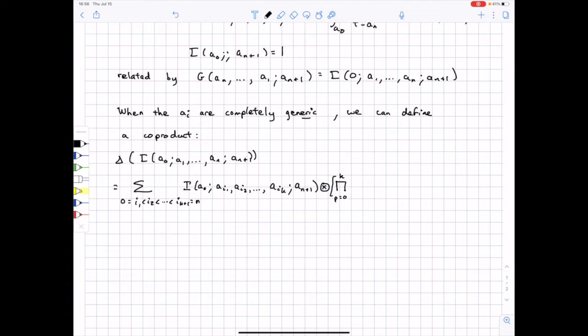We start with a_{i_p}, then we go from a_{i_p + 1} successively up to a_{i_{p+1} - 1}, and then a_{i_{p+1}}. So inside this factor, these are all consecutive a's, and they're all the consecutive a's in between i_p and i_{p+1}. This coproduct respects the grading.